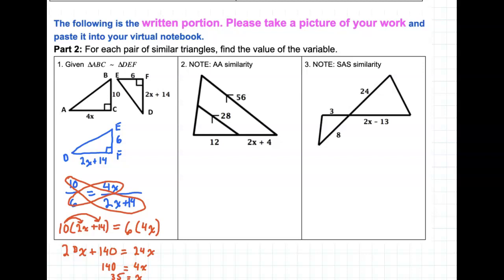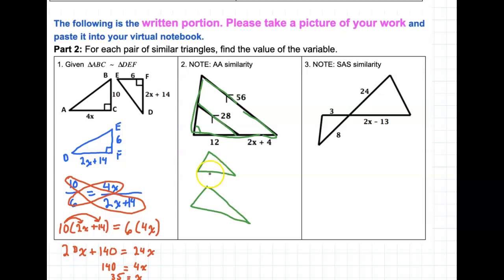Okay, so what we have is a large triangle here, and the smaller one over here. The large one is the whole thing. They're sharing that angle, and it says angle-angle similarity, so one of the other angles must also be congruent.